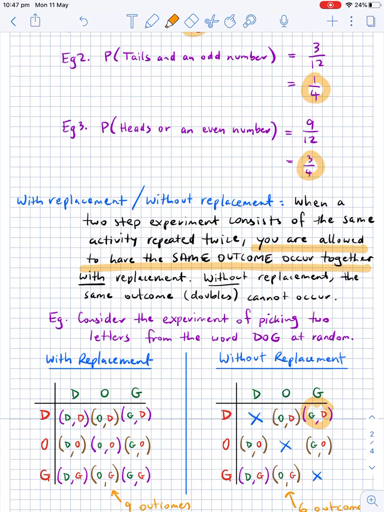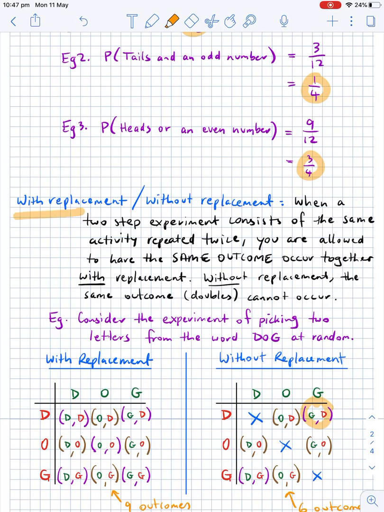So the same outcome, that might be heads and another heads, or a 5 and another 5 on a dice. You're allowed to have the same outcome occur together with replacement. So if you have replacement, it means that the same outcome can happen again. Without replacement, the same outcome or a double cannot occur.